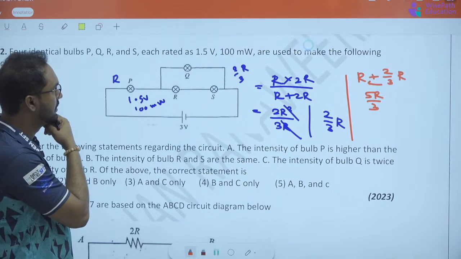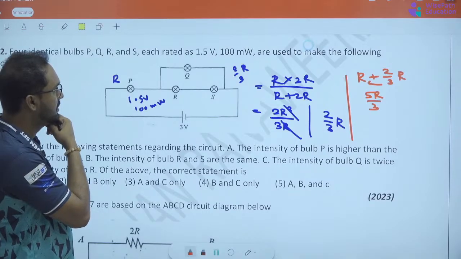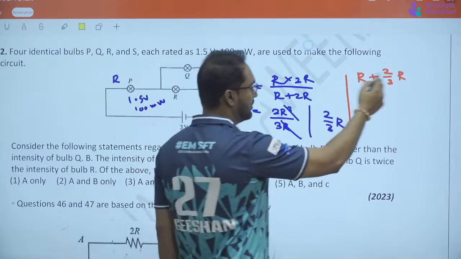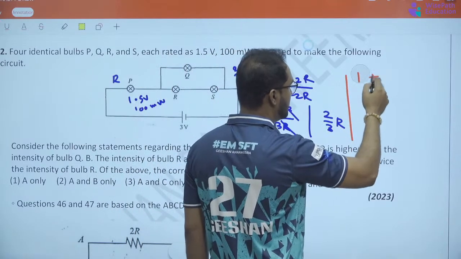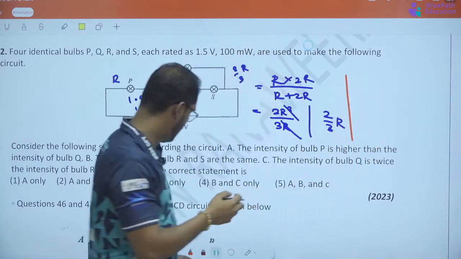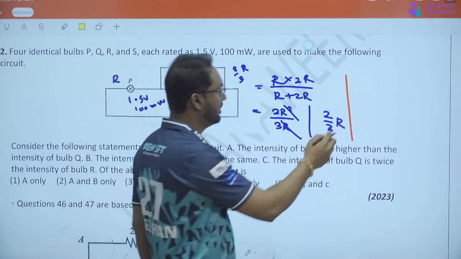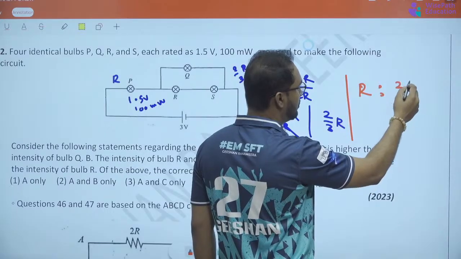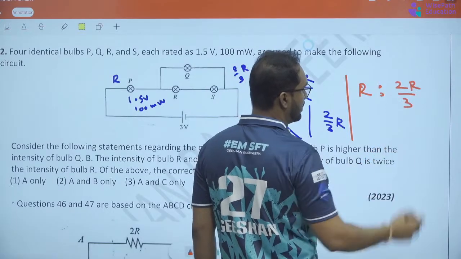Or the easy thing is you take it as a direct fraction. R is to 2R over 3, right?